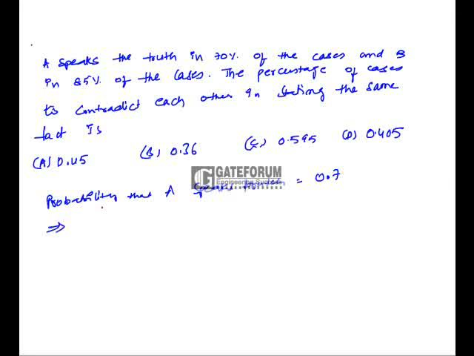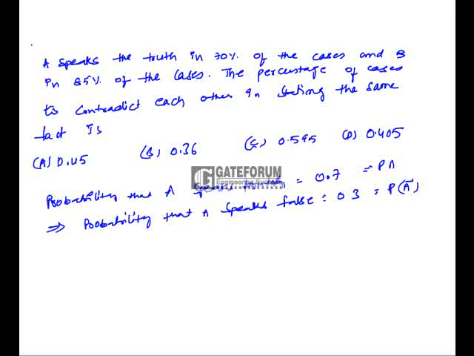It implies probability that A speaks false is 1 minus 0.7, that is 0.3, which is represented by P of A bar.